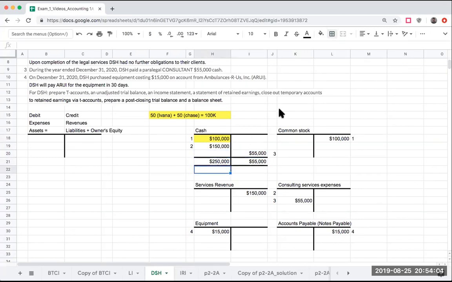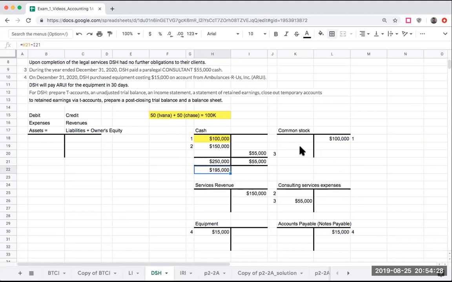So at the end of the day, how much cash do I have? Here, whenever I have balances on both sides, I subtract the smaller value from the larger value. And here I'm going to end up with 195,000, or this 195 right here. Okay. So that's how I add up for cash.